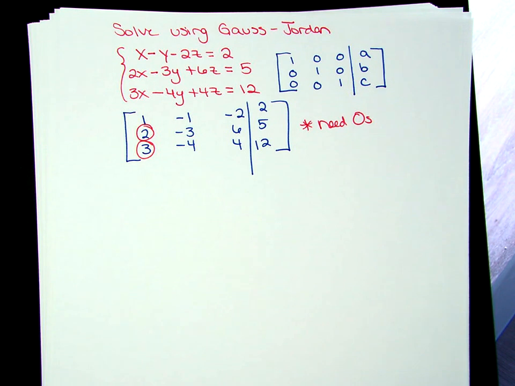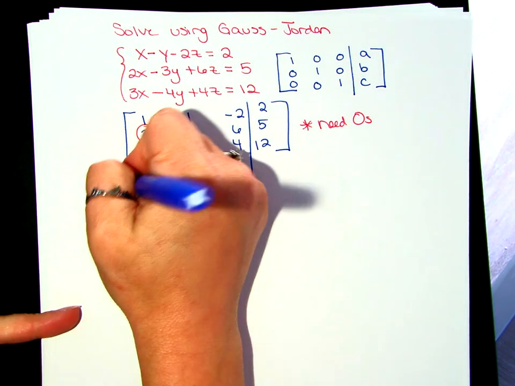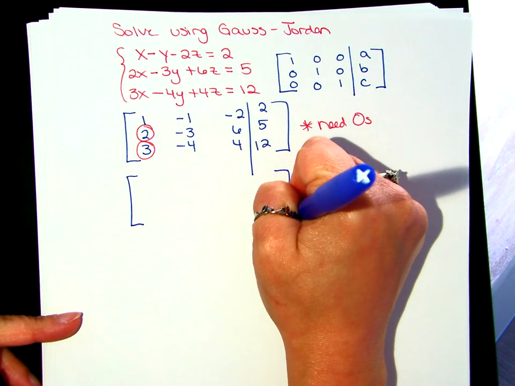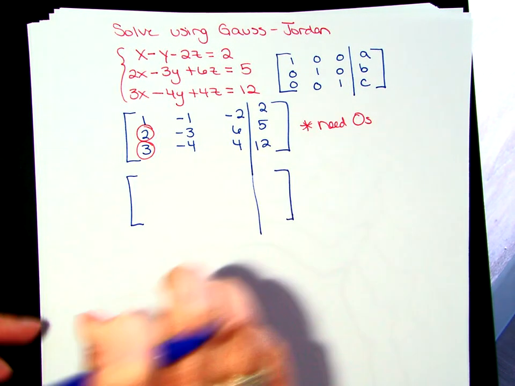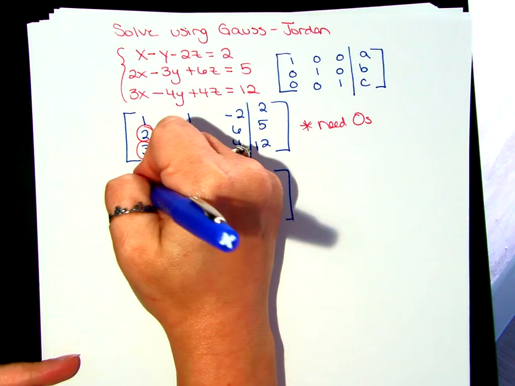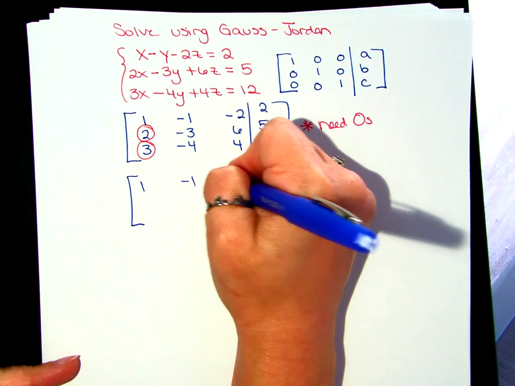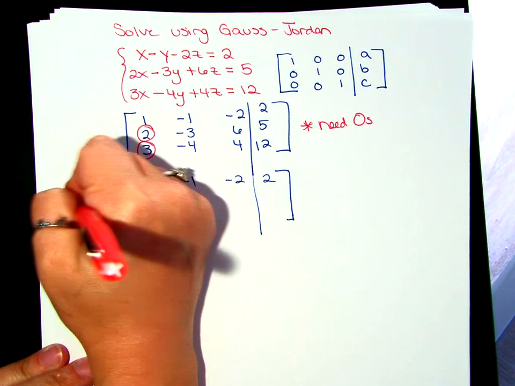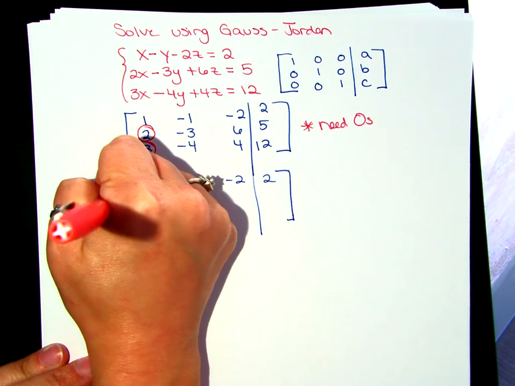Exactly right. We're going to multiply row 1 by -2 and add that to row 2. So row 1 is going to stay the same. We're going to take -2 times row 1 and add that to row 2.